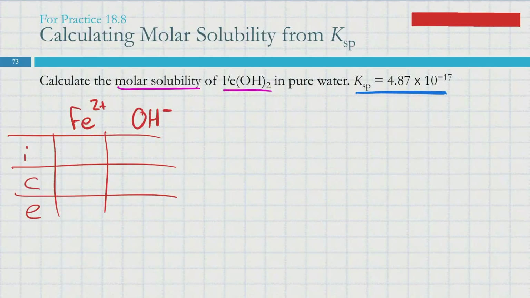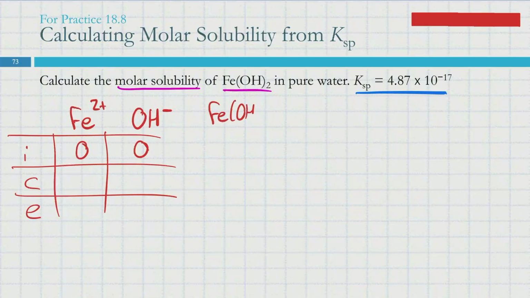Initial, change, equilibrium. Initially, we have none of either of those. When they dissolve, we're going to add a stoichiometric amount of each of those. So it might be helpful for you to write out your dissolution equilibrium expression.